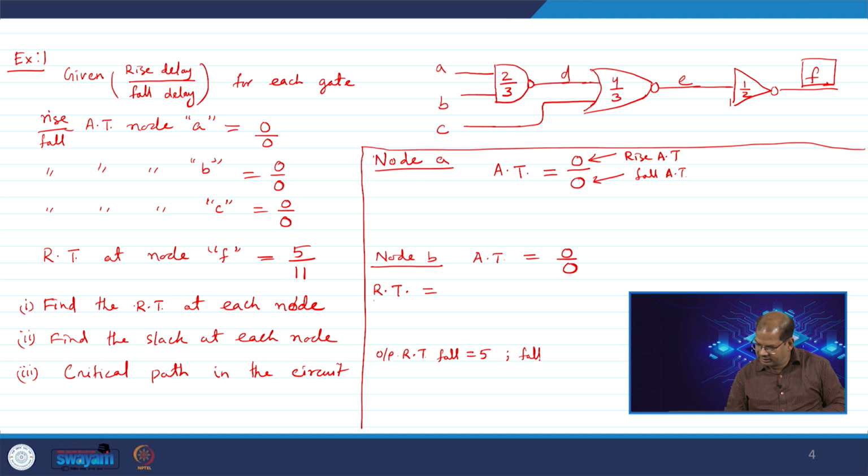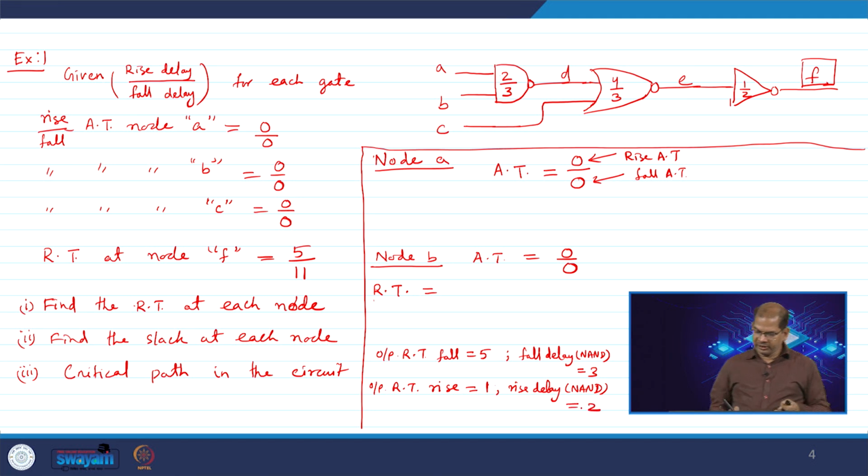Fall delay is basically the delay of the NAND gate, which is equal to 3. Now, output rise required time is basically 1 here, then the rise delay of NAND gate. So, this is basically your 2.